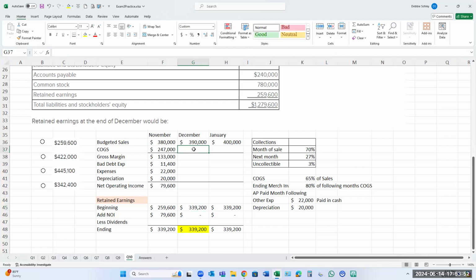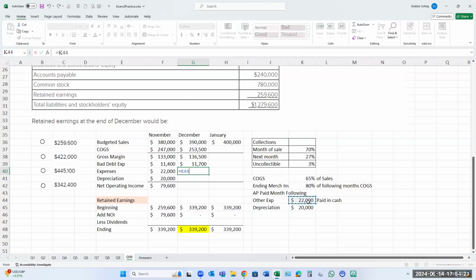Okay, so December, I need to take 65% of sales to get cost of goods sold. I'm going to drag that formula over. So again, sales minus cost of goods sold equals gross margin. Bad debt expense is 3% of sales.